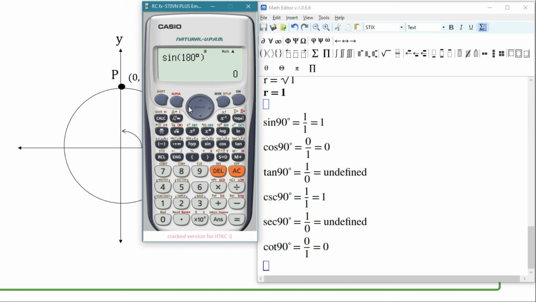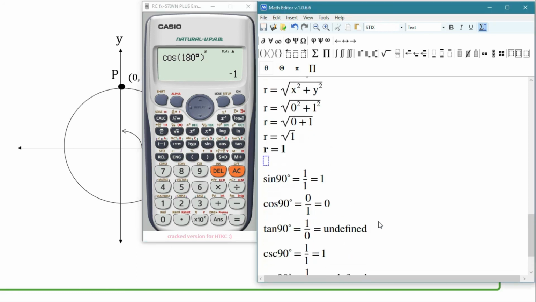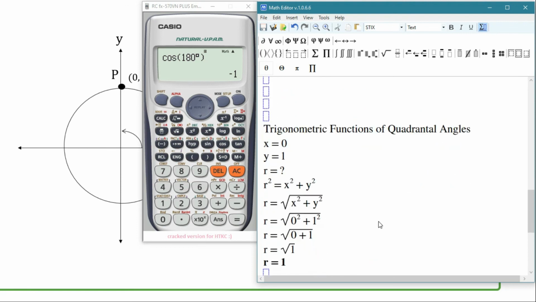Let's say for example, what function would consider the abscissa? That would be the cosine. So the cosine of 180 degrees would be negative 1, since the abscissa of 180 degrees is a negative number. So you have to take that into consideration. So that would be the trigonometric functions of quadrantal angles.